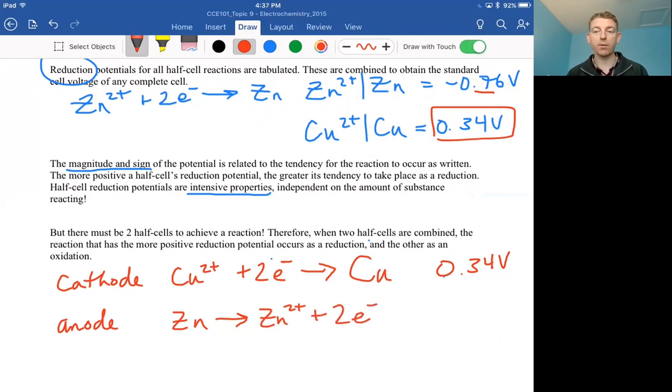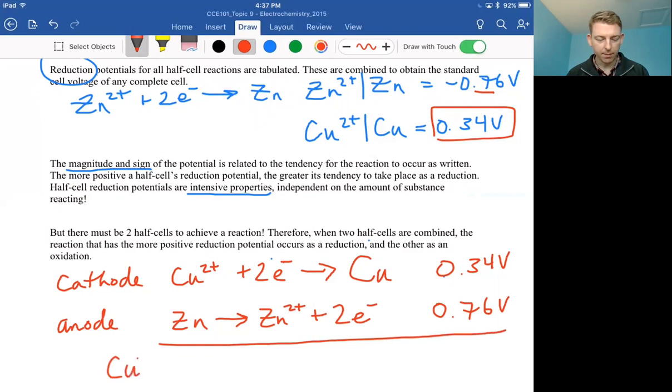Since we're doing the reverse reaction, we also have the reverse sign, so this is now 0.76 volts. When we take the balance on the reaction, we find that copper 2 plus plus zinc metal changes into copper metal and the zinc 2 plus ion, and the overall voltage generated by the cell is 1.10 volts.